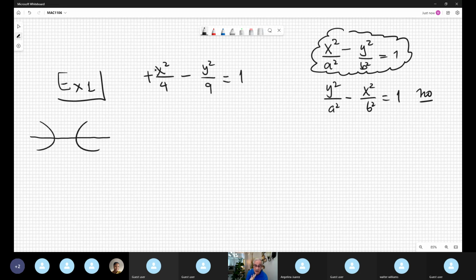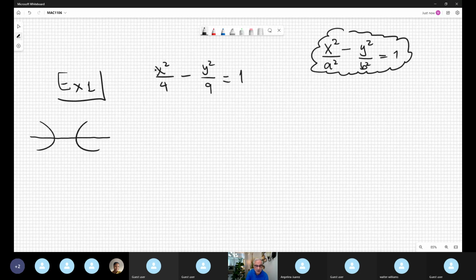But the positive part is associated with the x part, and the negative part, no. So this is the clue that gives me information. So I know this transversal axis is exactly, in this case, on the x-axis.